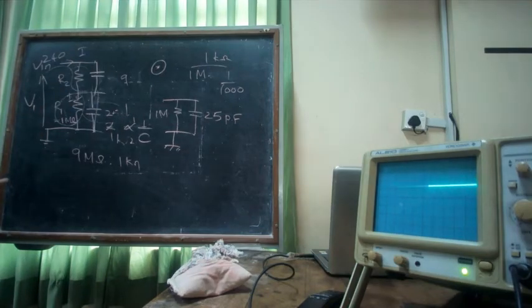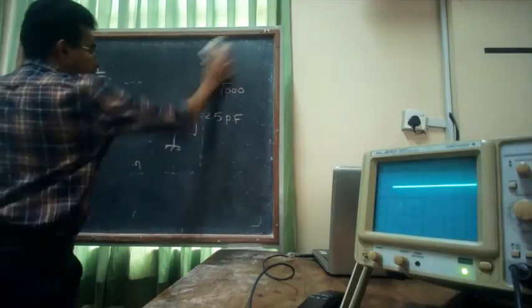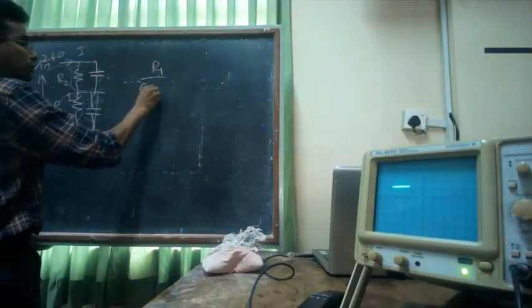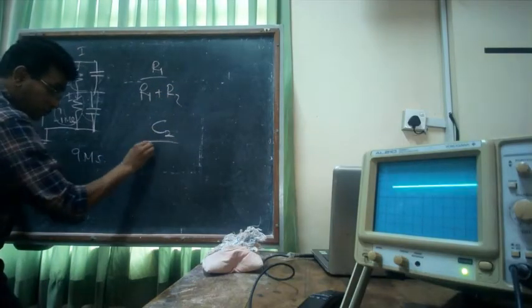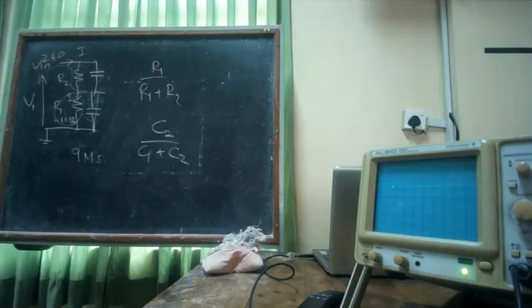So 25 divided by 9, is it right? Then only so. For resistors you have R1 over R1 plus R2. For capacitors you have C2 over C1 plus C2. Okay, it's the other way around.